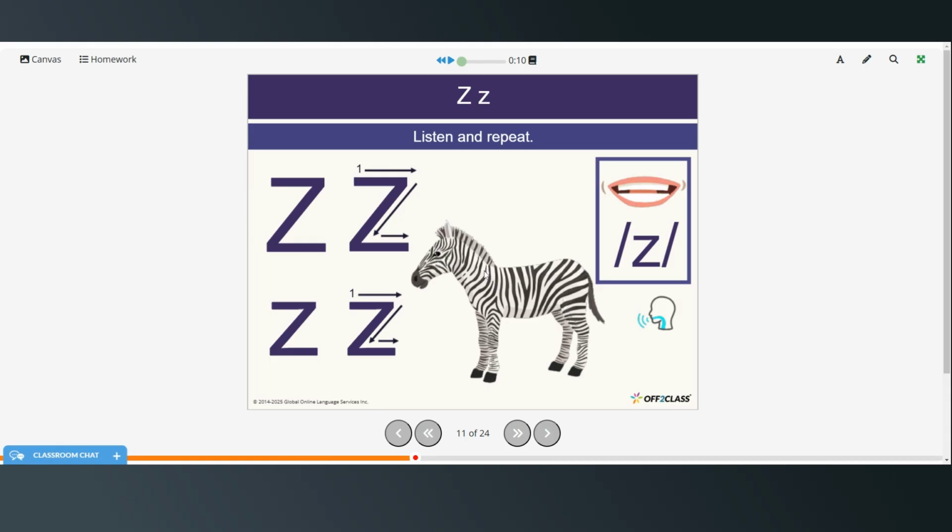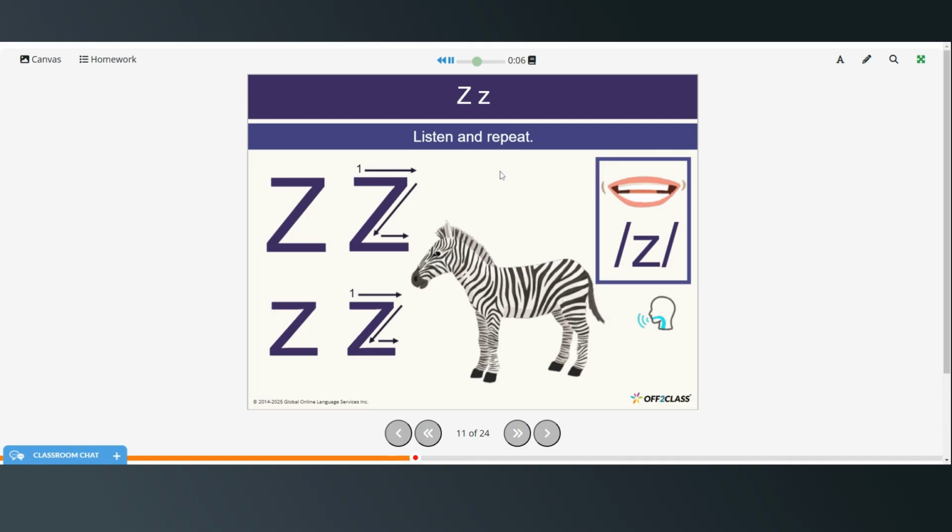Right, and now the Z sounds. Again, we'll look at how to write both the capital Z and the lowercase z. Pay attention to the mouth position, and then listen and repeat.